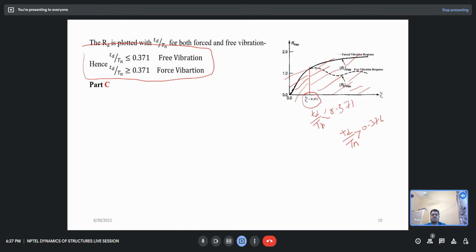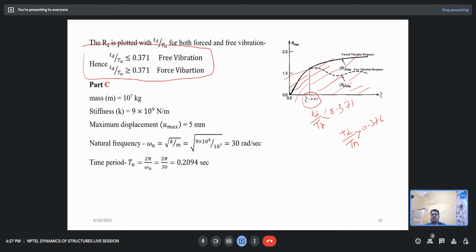So now by using these things, we are moving to part C, in which the mass is given as 10^7 kg, stiffness 9 × 10^9 N/m, and maximum displacement 5 mm. Can you calculate the natural frequency?